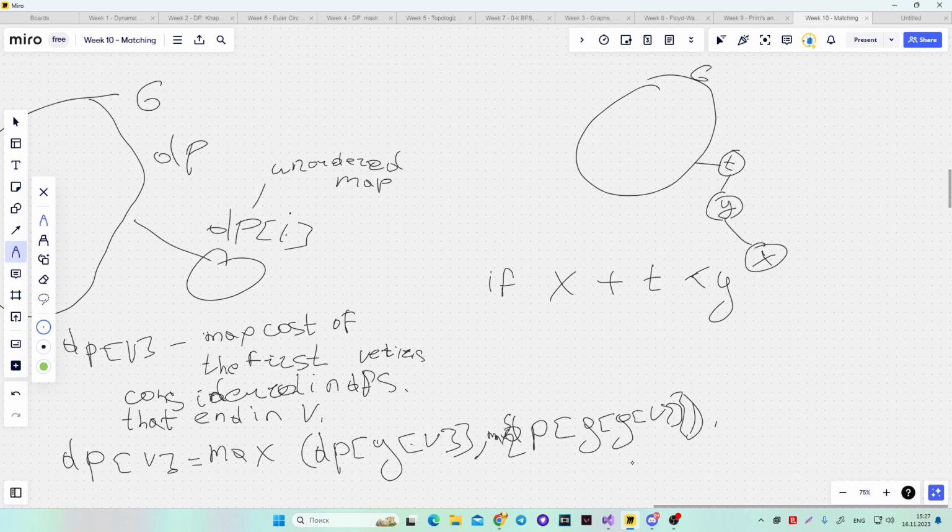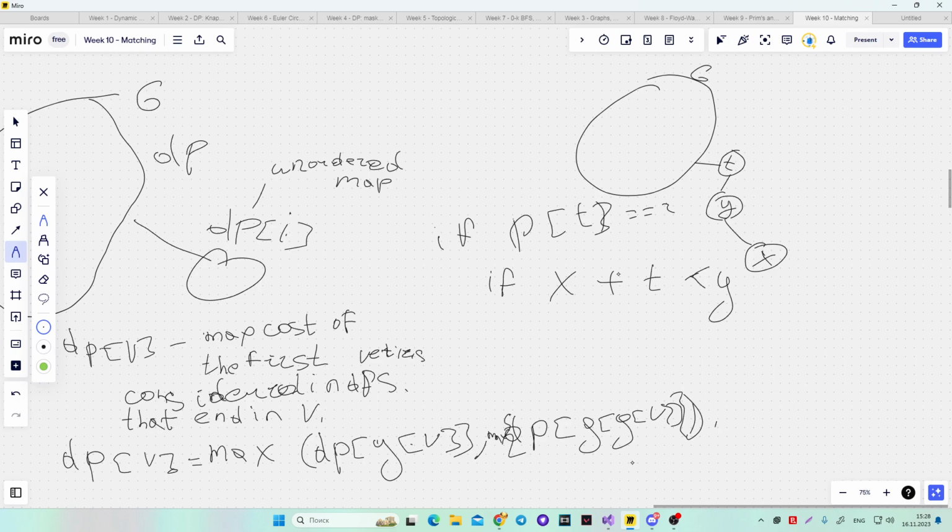No, we consider 3 vertices, and this case will be if the parent of t is red or what?